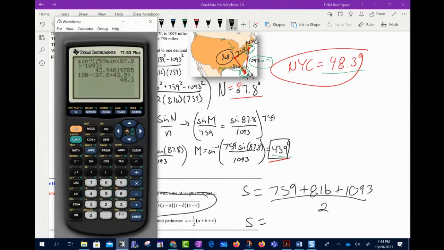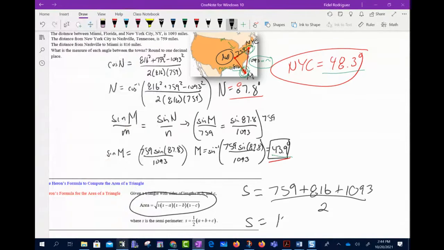Okay, so let's do that. So 759 plus 816 plus 1093 divided by 2. Did you come up with 1334? Good. Okay. There's that part of my formula already.